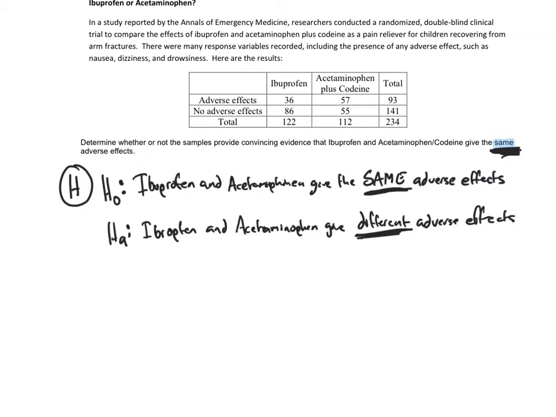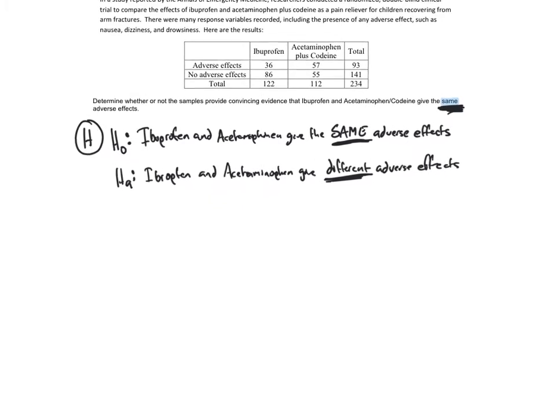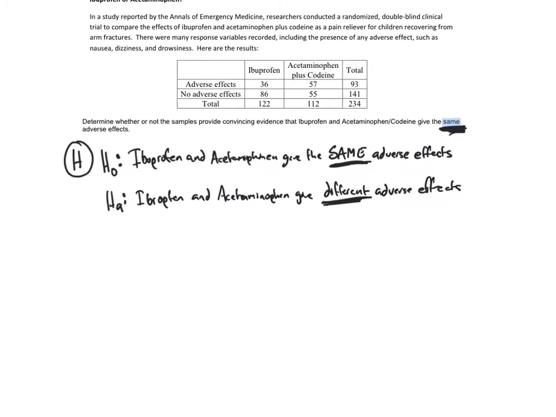That's literally what it will look like if it's a homogeneity chi-square test. You use some contextual words, but otherwise, always use the word same in the null and always use the word different in the alternative hypothesis. That's probably the hardest part: thinking about whether I should be using words like independent, associated, or the same and different. It's just identifying what we're doing.